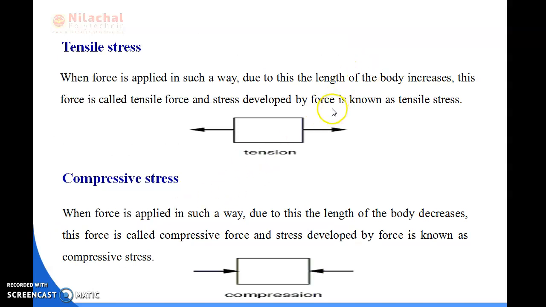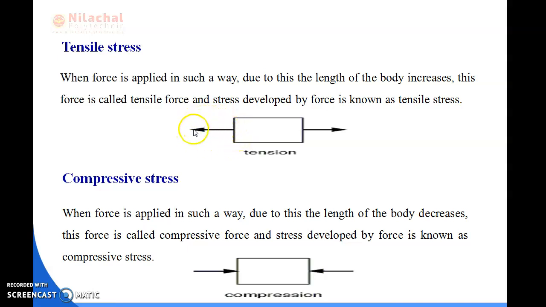You can see here a body subjected to two equal and opposite tension forces. That means the force is in the outward direction, here and here. If we give an equal and opposite pull to a body in the form of force, the stress the body gives against this loading is known as tensile stress, and the force is known as tension force.